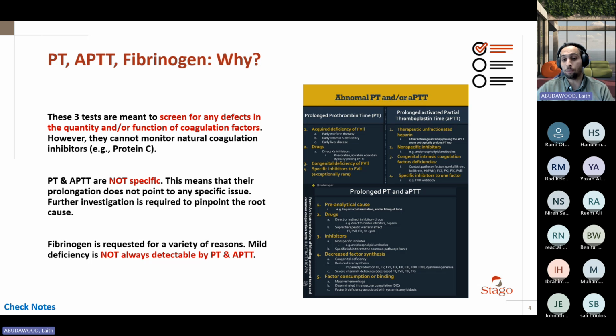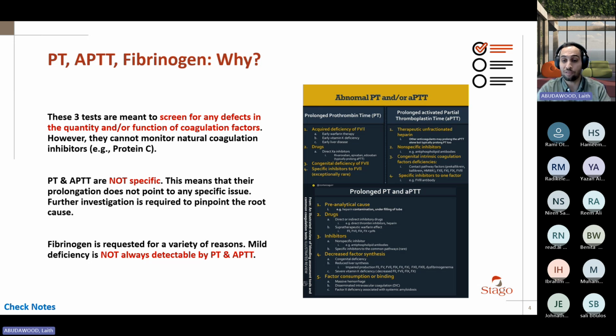Please keep in mind, PT and APTT are not sensitive to small deficiencies in fibrinogen. Let's say, for example, your fibrinogen range is 2 to 4 grams per liter. If your fibrinogen is maybe 1.7, 1.8 grams per liter, PT and APTT will very likely be completely normal. So using PT, APTT for a patient with a slight deficiency of fibrinogen, the patient will look normal, even though that might be significant for some patients if their fibrinogen is slightly low.